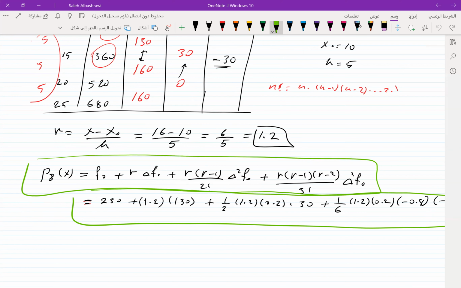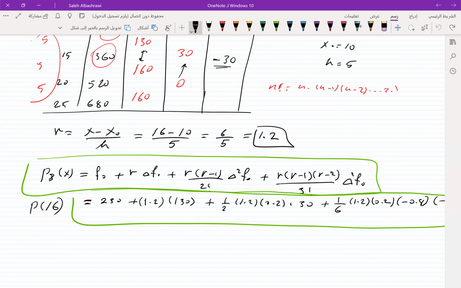And the second one is the value of this one. This is B3 or B at 16. So the polynomial is given by f sub 0 plus r delta f sub 0 plus r times r minus 1 delta squared divided by 2 factorial plus r times r minus 1 times r minus 2.